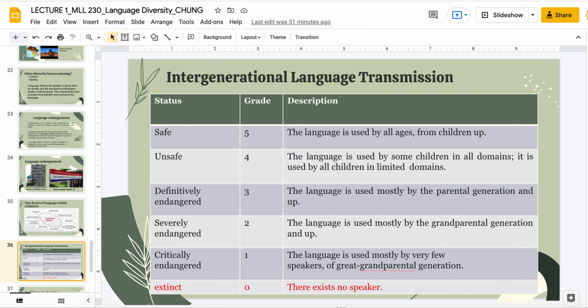They don't use it with their friends. They don't use it at school, right? It's endangered when it's being used mostly by parents and higher, grandparents and higher, great-grandparents and higher, and it becomes extinct when there exists no speaker, right?